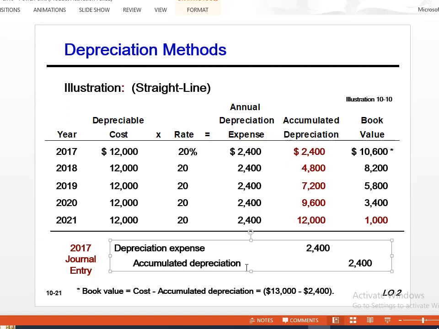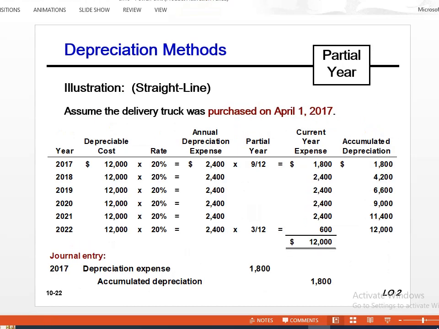So that's why I'm crediting accumulated depreciation 2,400. This example was quite simple because we assume that we purchased the asset at the start of the year, which was January 1st. So asset stayed with us for full 5 years. What if you purchase the asset somewhere in the middle of the year or after some months?